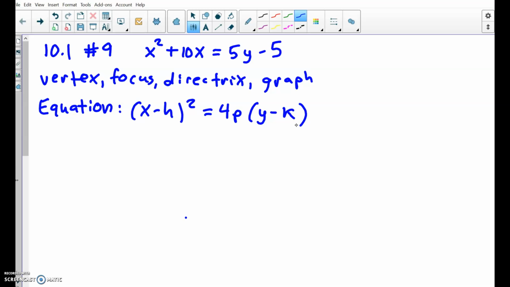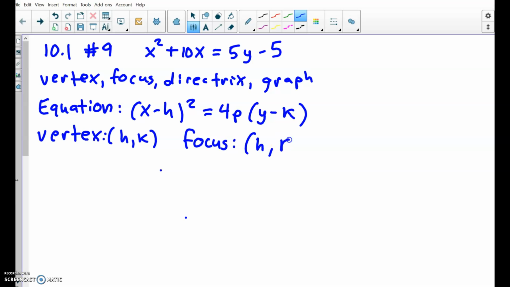And we also, from this, know that the vertex is (h, k). We know that the focus is going to be (h, k plus p).